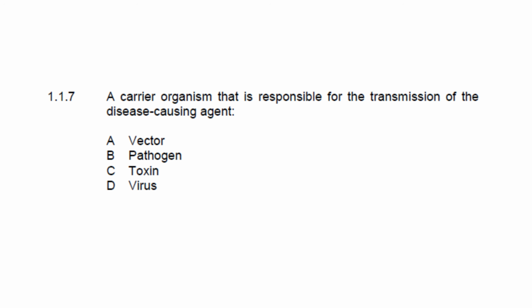And what does it do? It transmits pathogens from one host to another. So definitely it cannot be a pathogen, it cannot be a toxin, it also cannot be a virus. So the correct answer there is A.